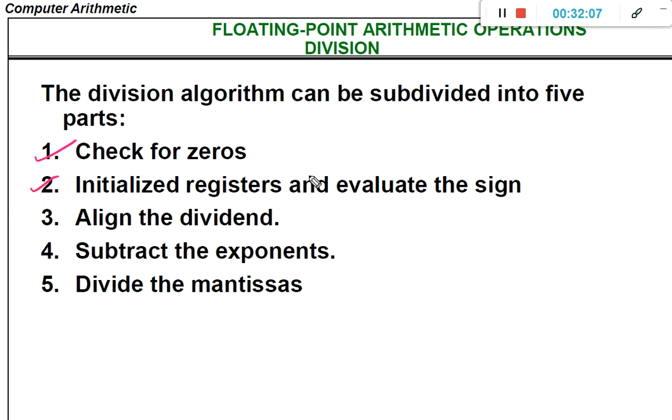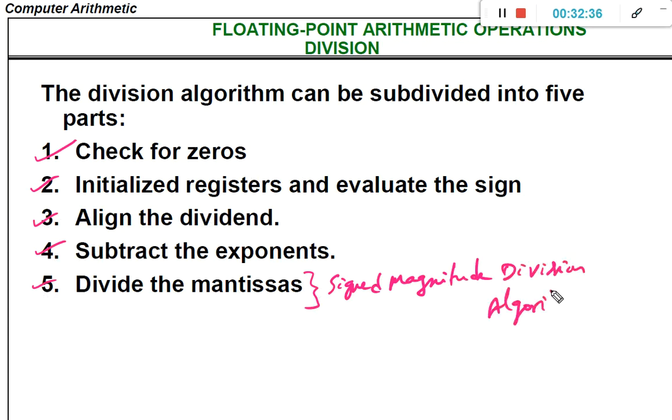Third step is align the dividend, fourth step is subtract the exponents, and finally divide the mantissas. For dividing the mantissas, we have already discussed the signed magnitude division algorithm, so we just apply it here. In addition, we need to perform these 4 steps.